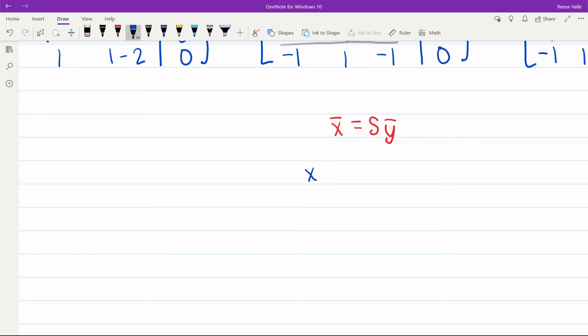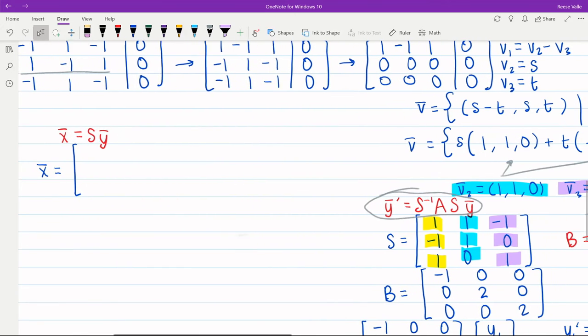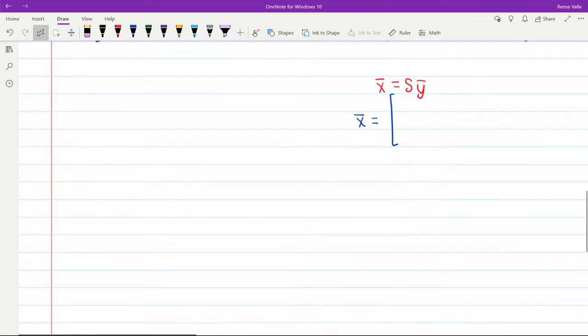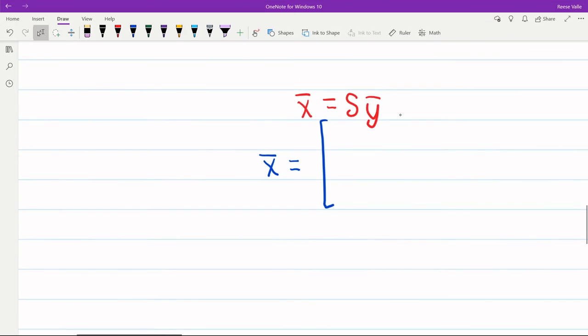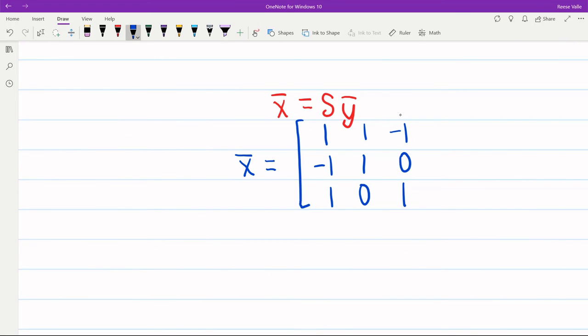So the x vector is equal to the S matrix, which we wrote as 1, -1, 1; 1, 1, 0; and -1, 0, 1.